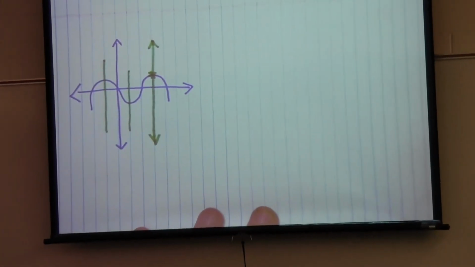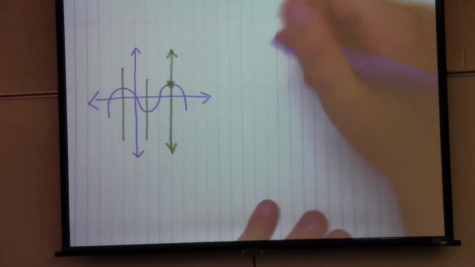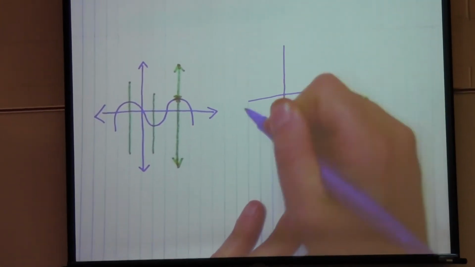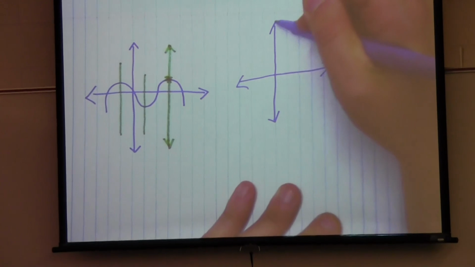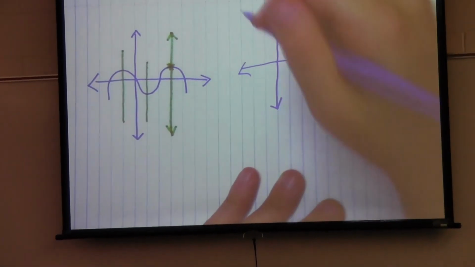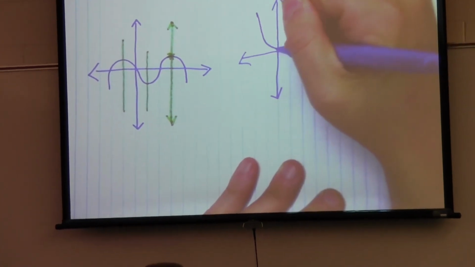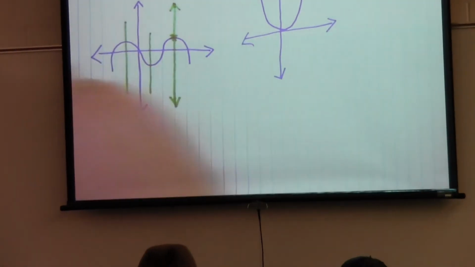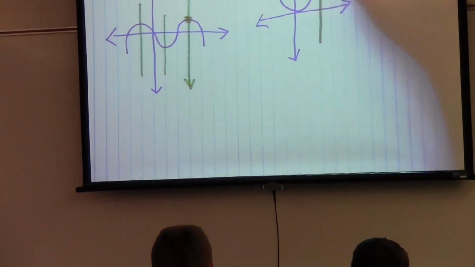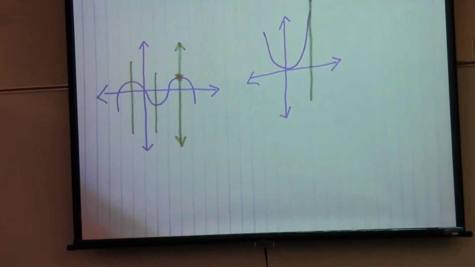Whereas if I had this graph, let's see here, that too would only cross one time, right?